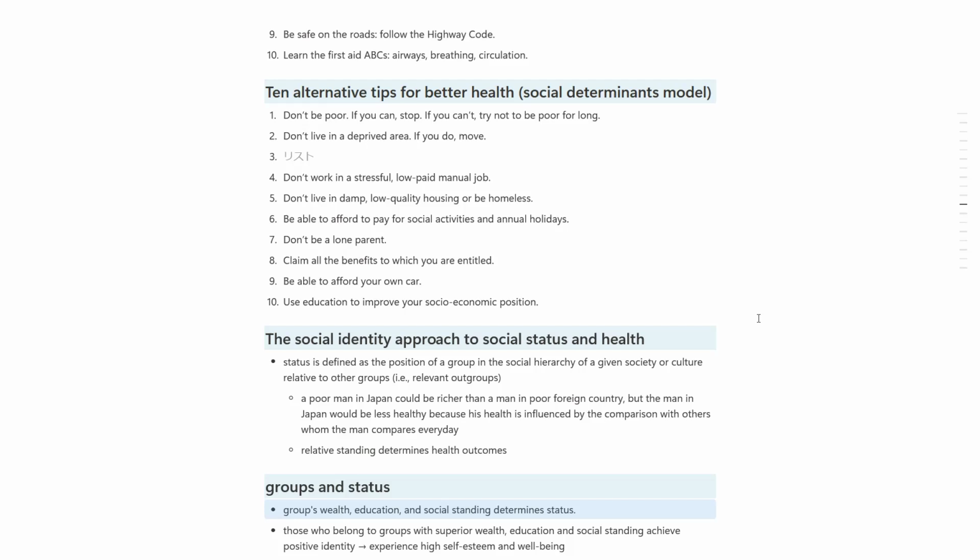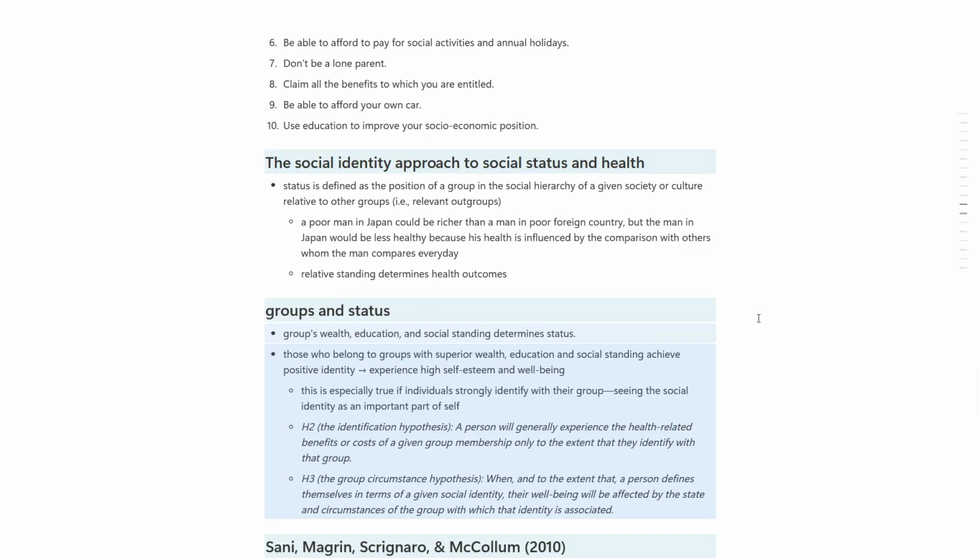And then when you start working, which company you work for really determines what kind of social status you have. That's social status in everyday conversation. And that's the status that the social identity approach utilizes to understand how status is related to health.